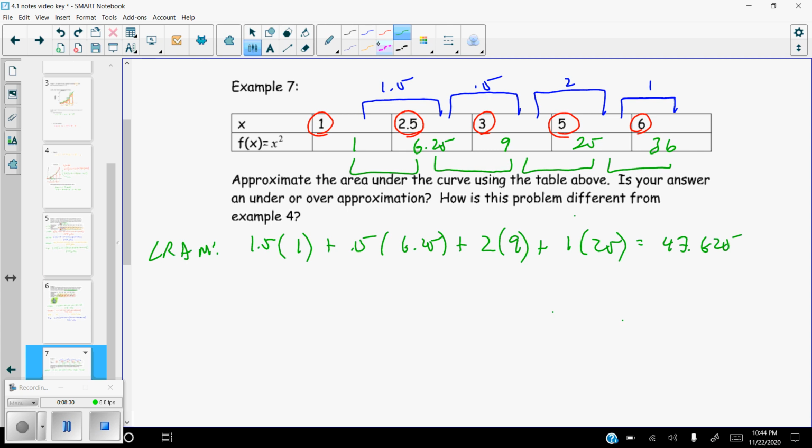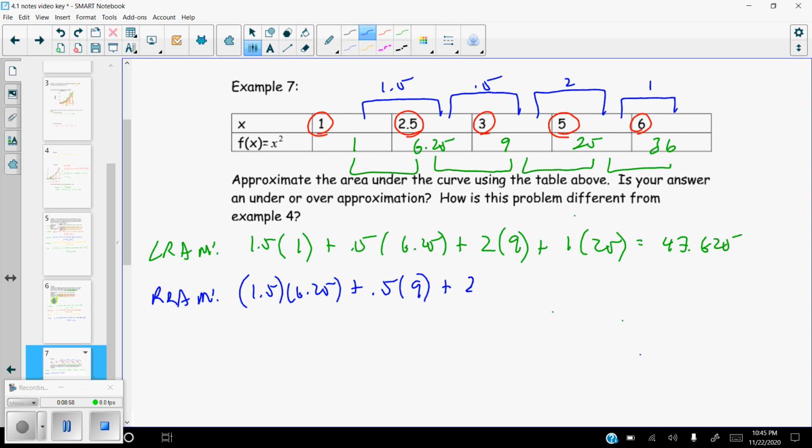So let's look at a right-hand approximation. This time, the base is still 1.5, but we're using the right-hand y value, which is 6.25. The second base is still 0.5, but now the right-hand y value on that one is going to be 9.